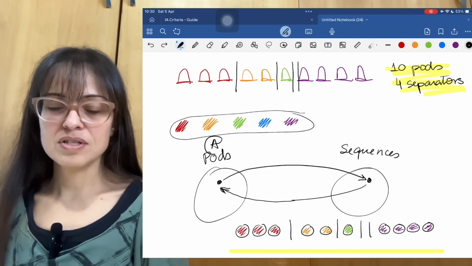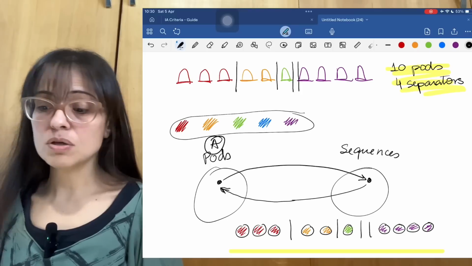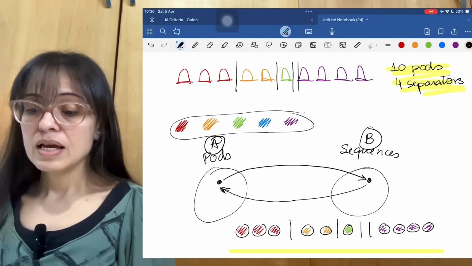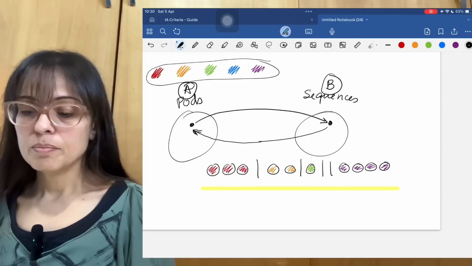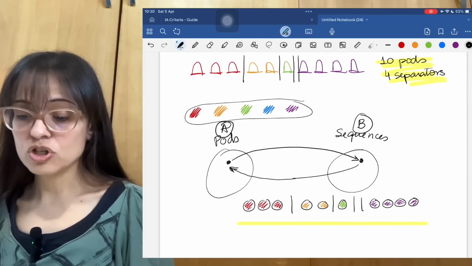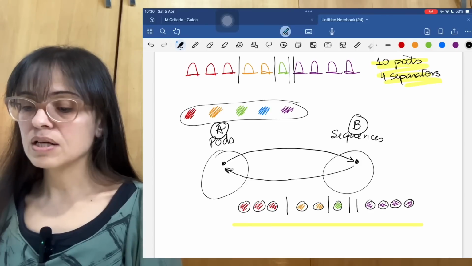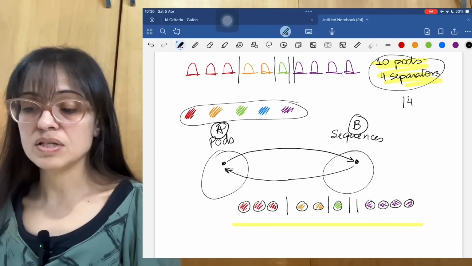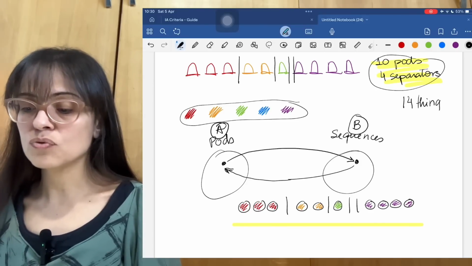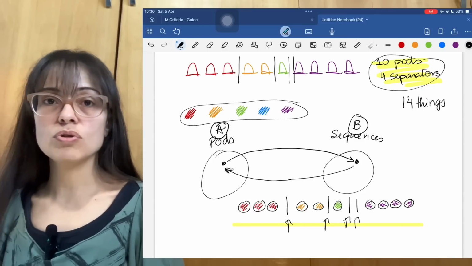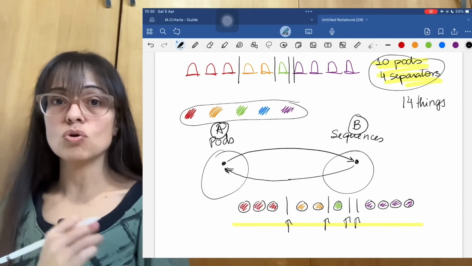Set A, the set of pods, has the same number of elements as set B, which is the set of sequences, and now I want to count the sequences. But counting the sequences is so much easier because the sequences always have 10 pods and 4 separators, so that is 14 things. Out of these 14 things, 4 of those are separators. So the only thing that changes is the order.